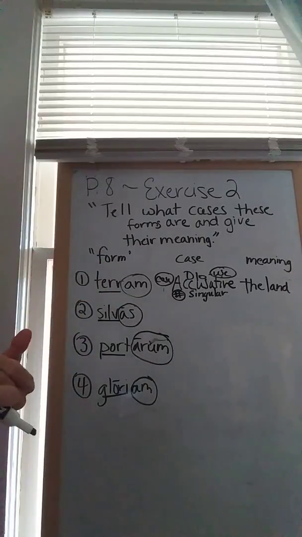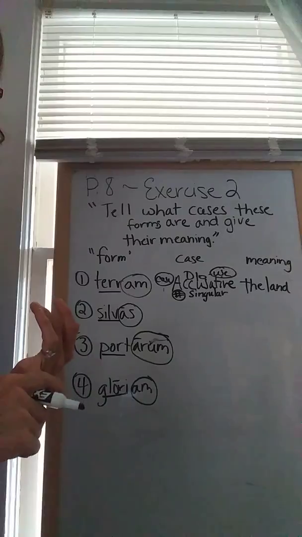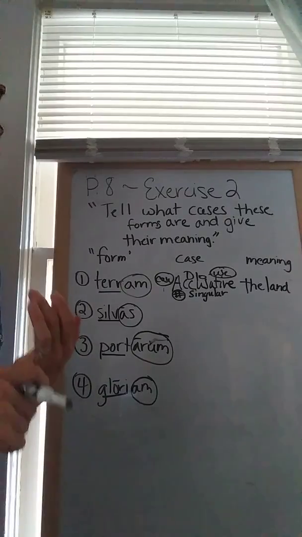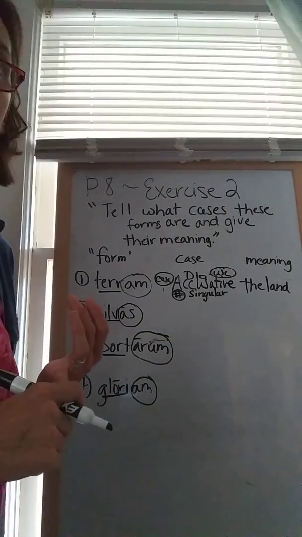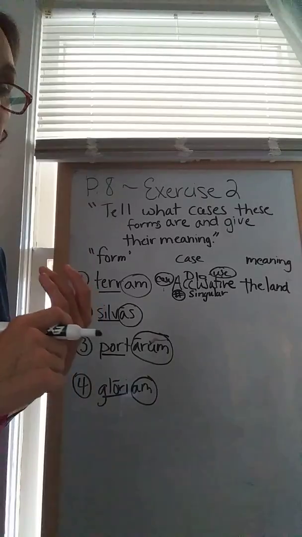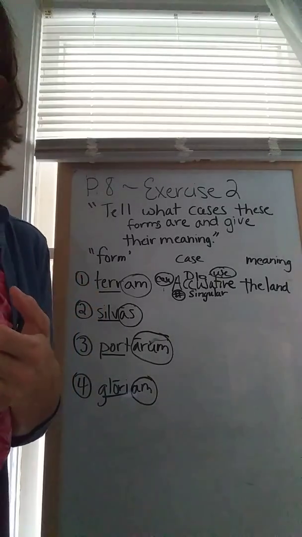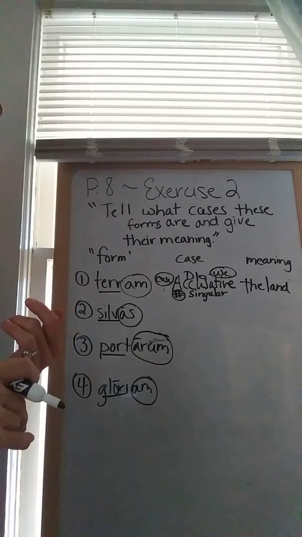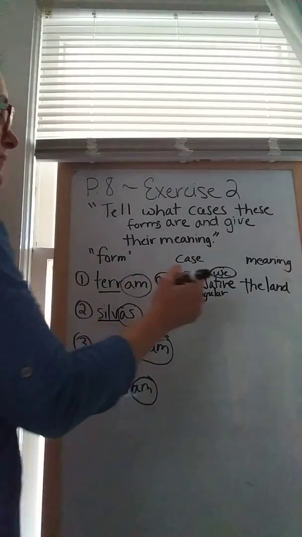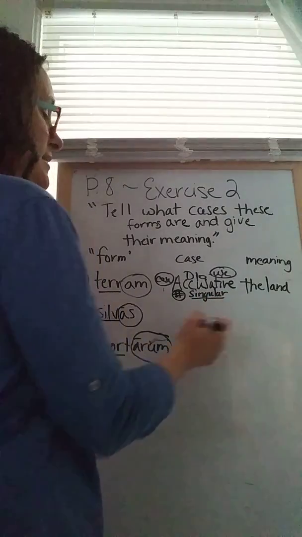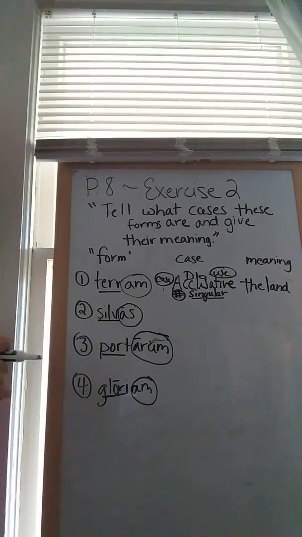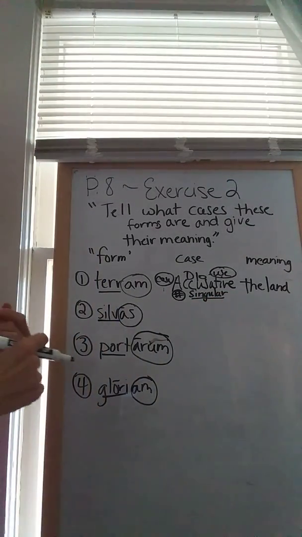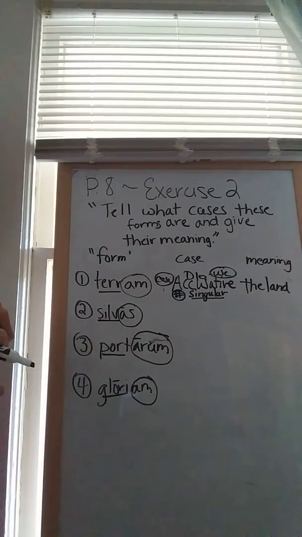Well, for teram, the gender is feminine because we know that all first declension nouns are feminine, unless it's talking about naming an individual male person. So we know that the number is singular because teram tells us that it's accusative singular, and we know that its use is direct object.